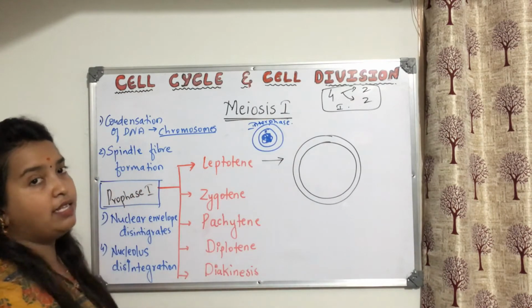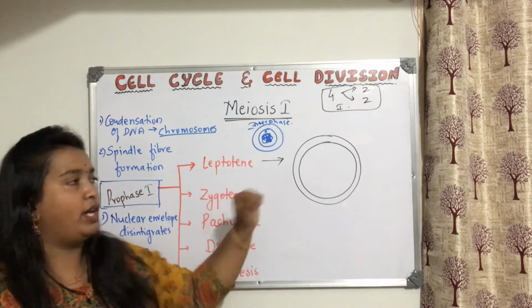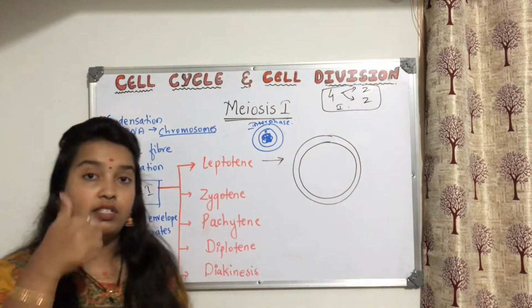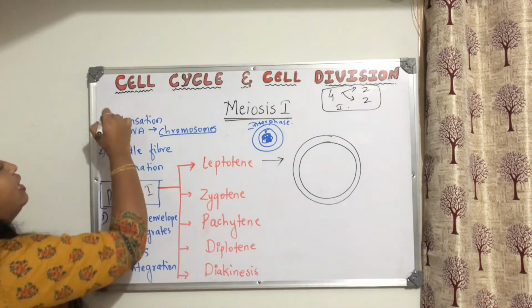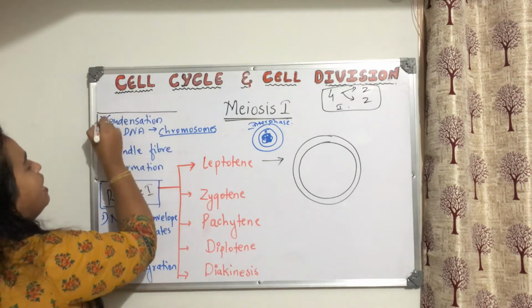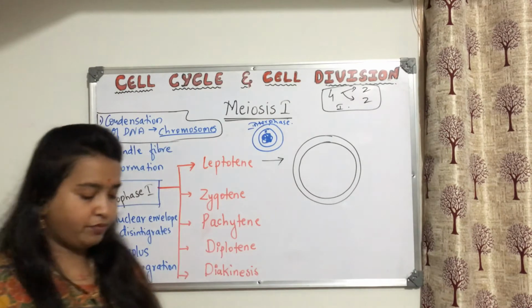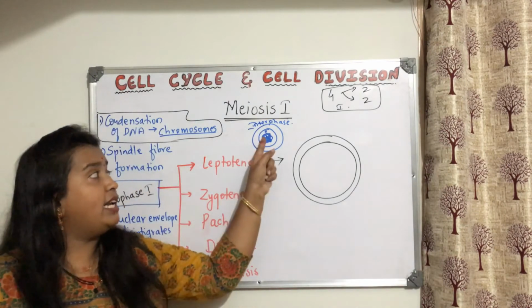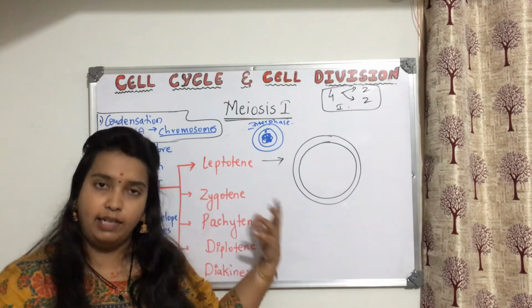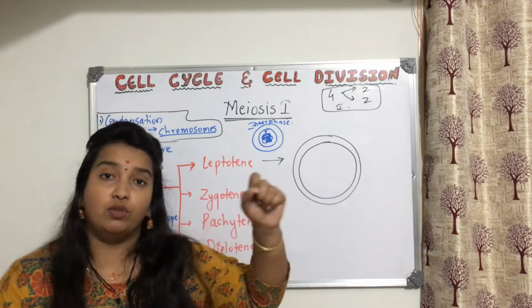After interphase, it will enter meiosis 1, karyokinesis 1, in that leptotene. So this starts condensing. What is the first point of prophase? Condensation of DNA is the first point, and that started over here only, in leptotene. The thin fiber, thread-like chromosome, DNA, starts condensing to form chromosomes.